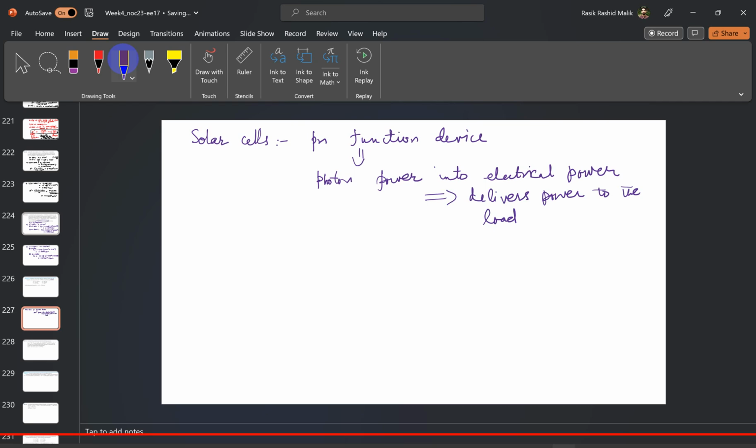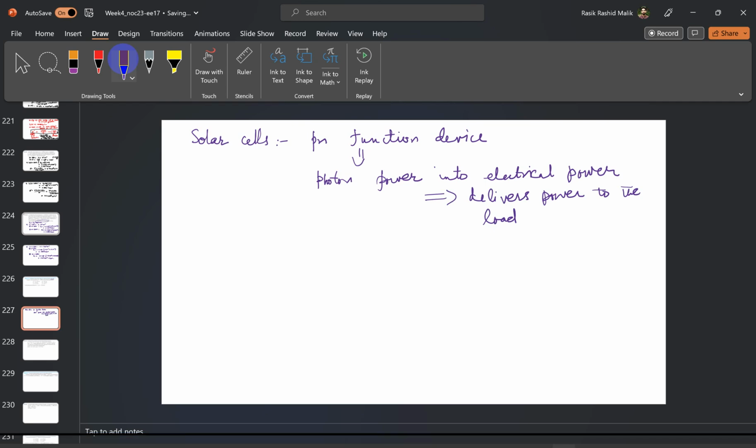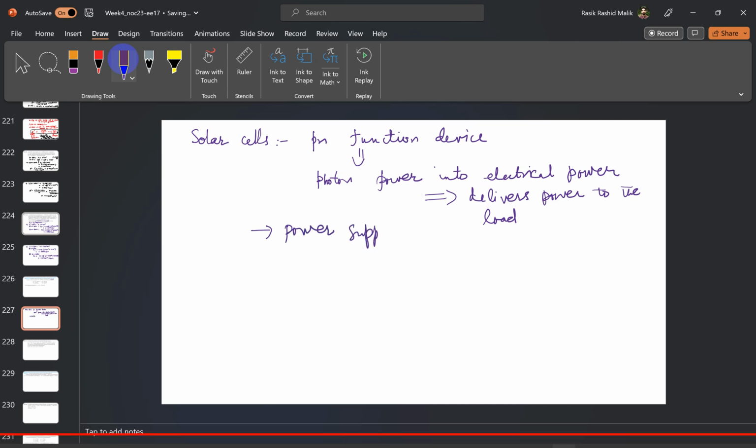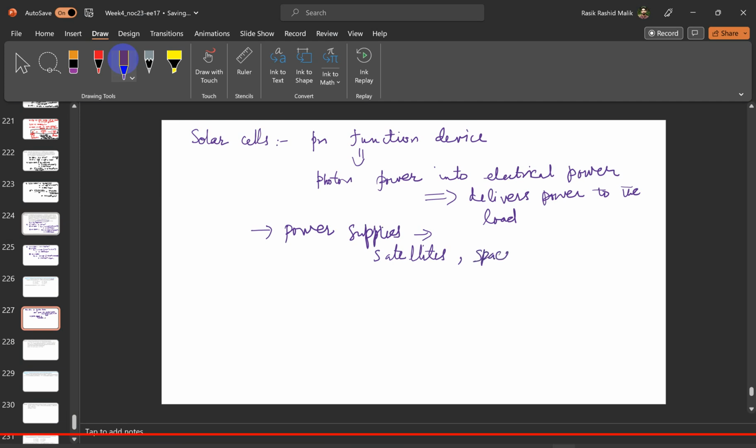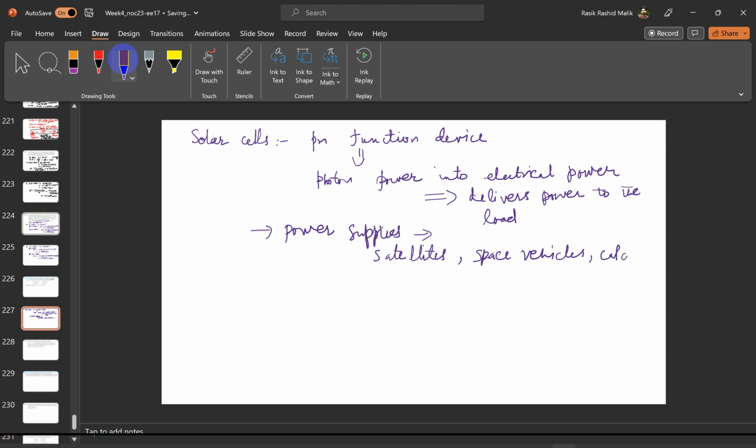These devices can be used as power supplies for satellites, space vehicles, etc. and some calculators as well.